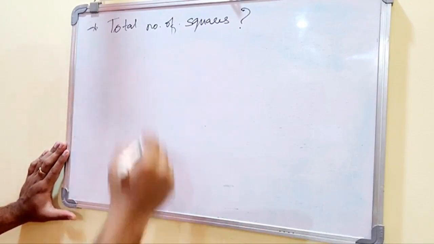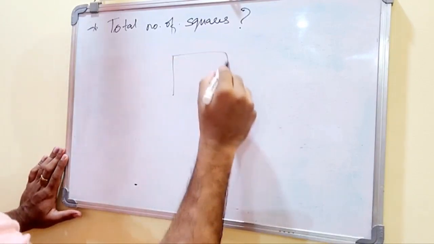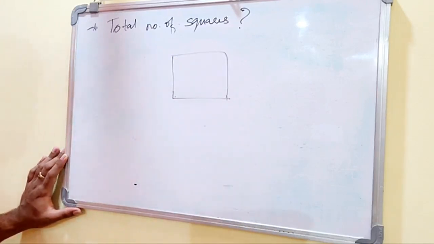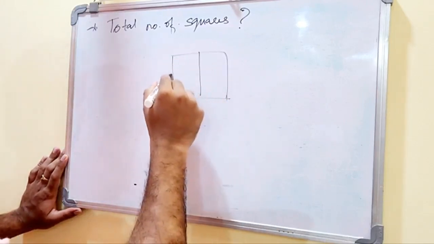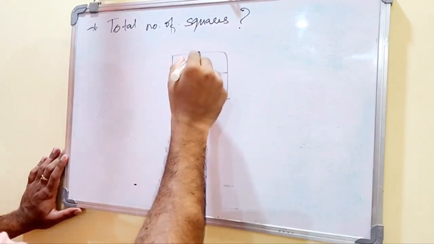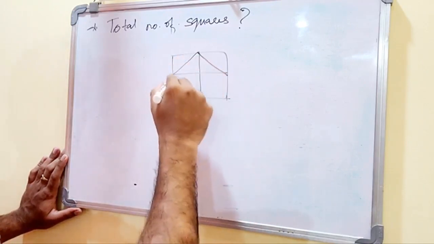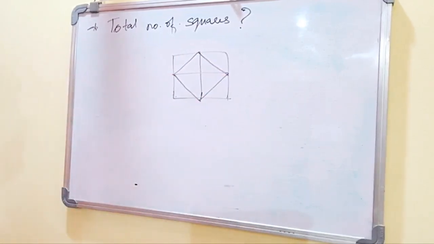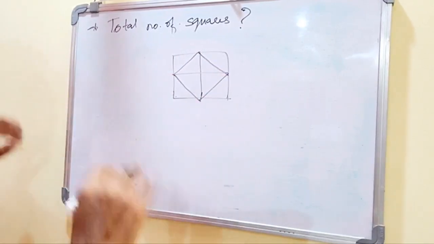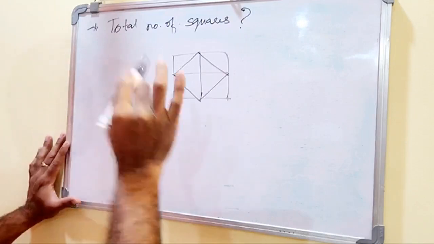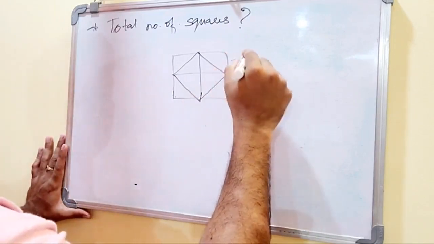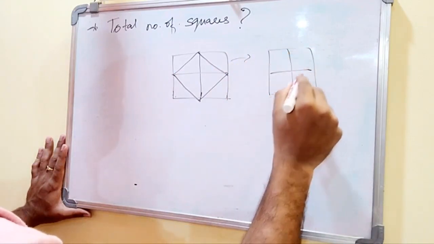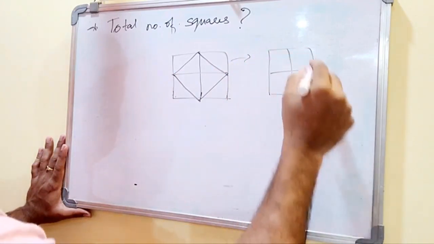Another kind of example. This is a given figure. So again, this is a similar kind of example. What you have to do is just decode the figures. You take this outside. Finding the total number of squares in a given figure. This is one figure.